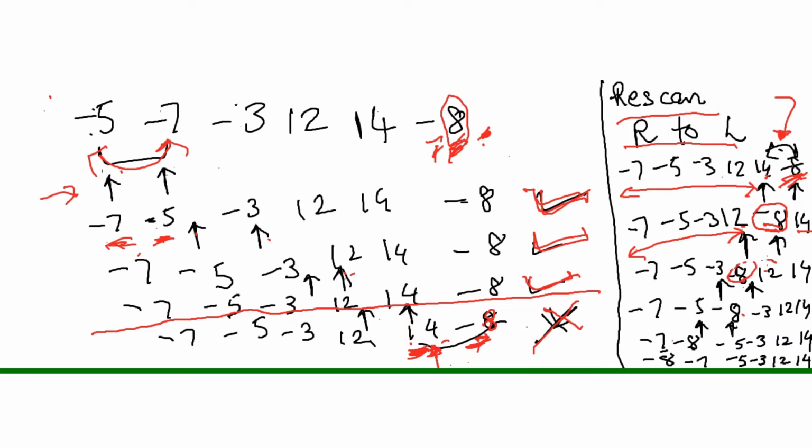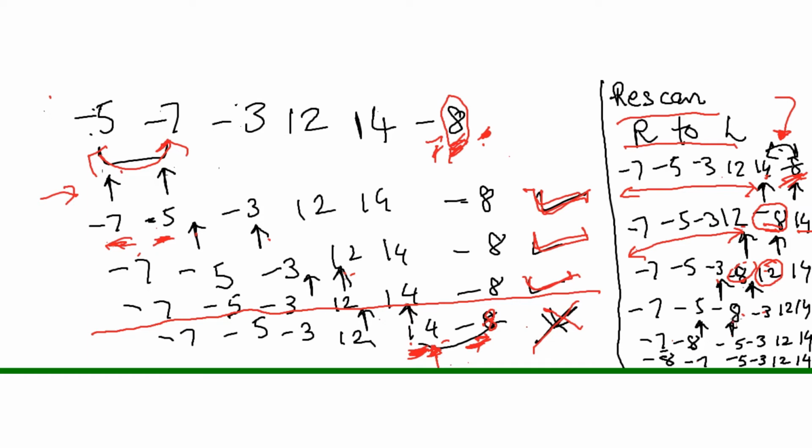We swap -8 with 12, they swap positions, and then we compare -8 with -3, and again -3 is greater than -8, so the condition is violated, and we fix it with a swap with the numbers exchanging places.